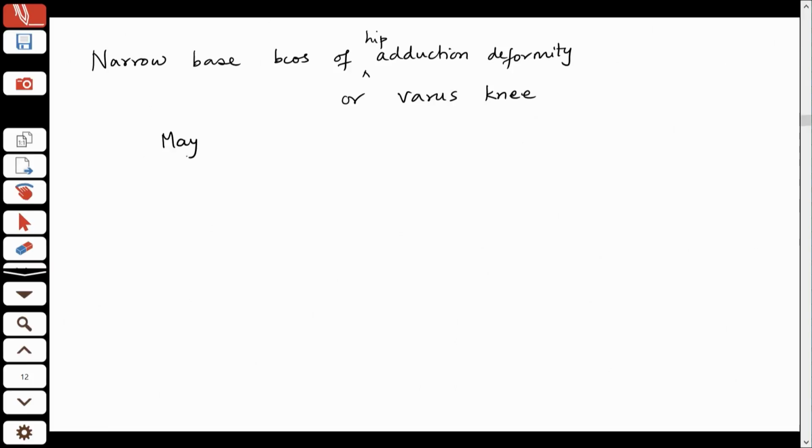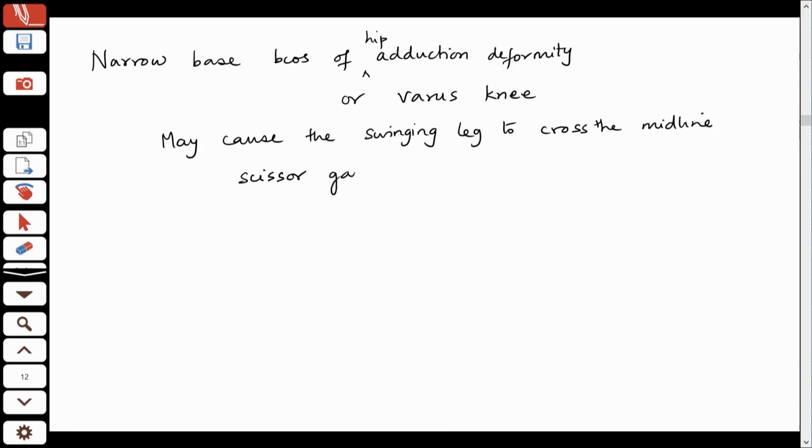So, this may cause the swing phase, the swinging leg, to cross the midline, and this is called a scissor gait, seen in people with cerebral palsy.